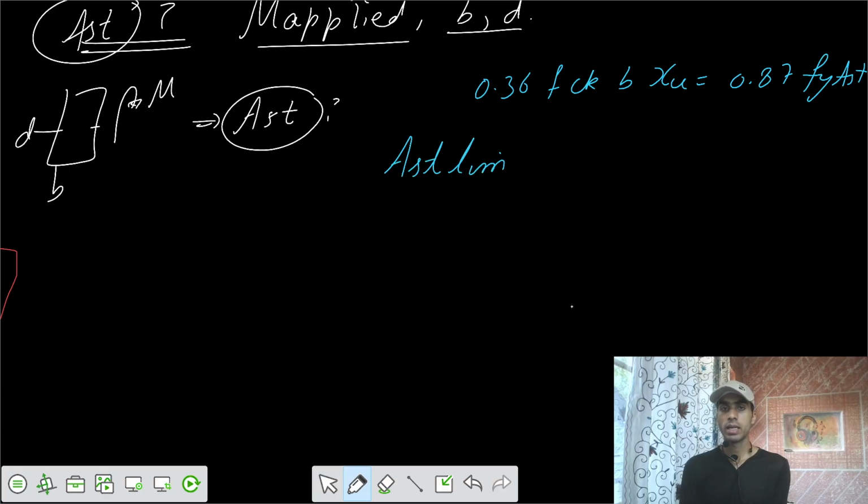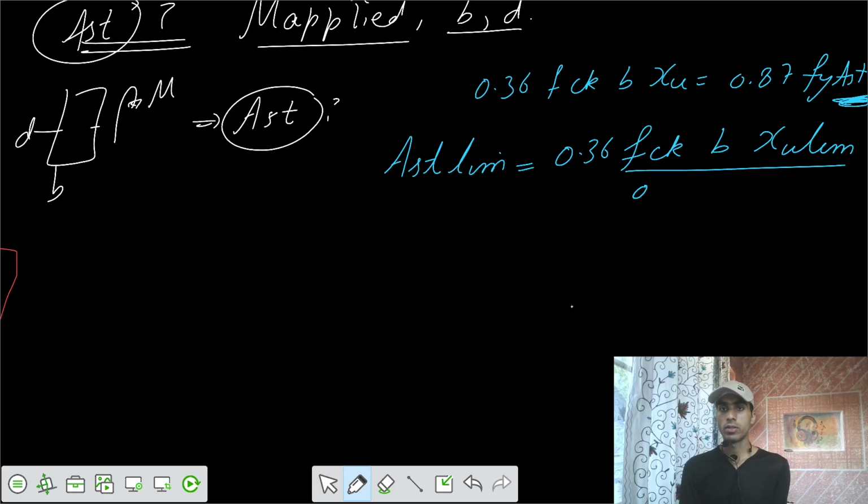If I say what should be the AST limiting required, that equals 0.36 FCK B times XU limiting divided by 0.87 Fy. Here we have to keep the value of XU limiting, and from that we can get AST limiting.